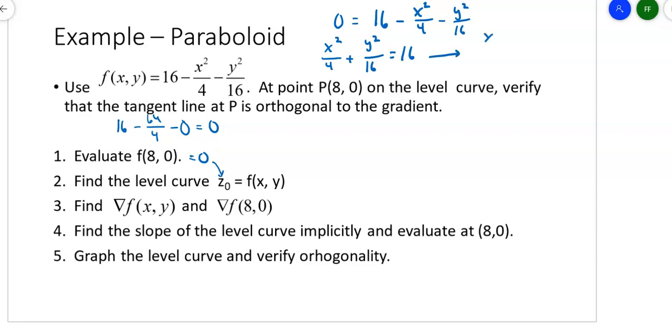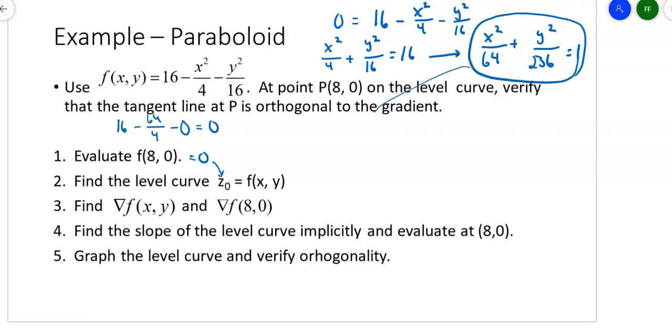4 times 16 is 64, so I get x squared over 64. 16 times 16 is 256, equals 1. So this thing here is the equation for the level curve at z sub 0 equals 0. It's an ellipse that is twice as tall as it is wide.